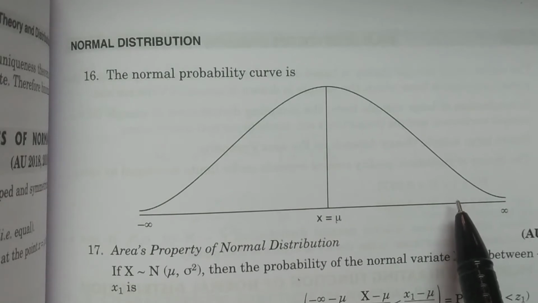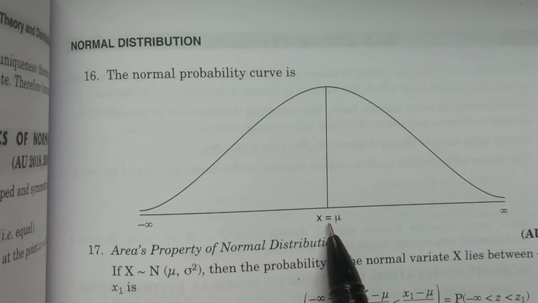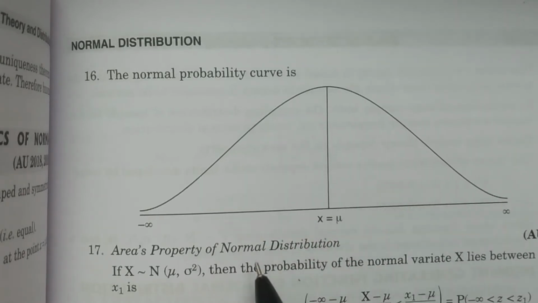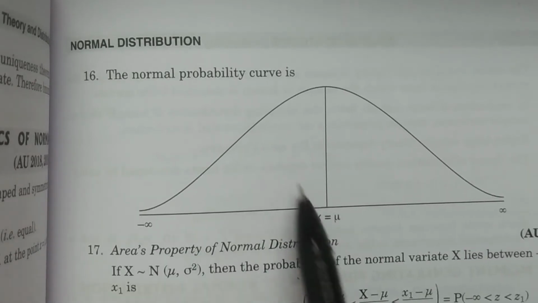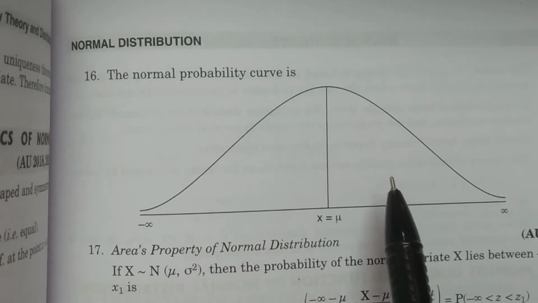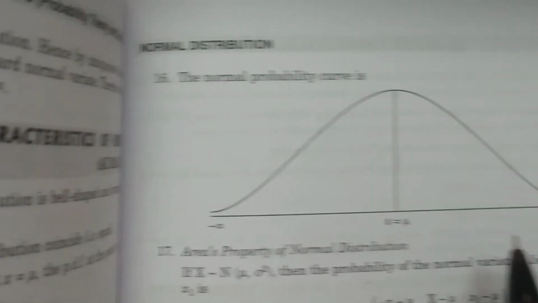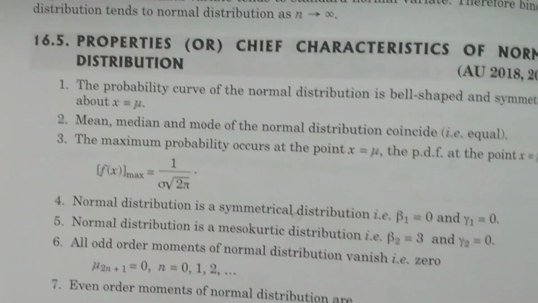That is called symmetry, where exactly one point divides the two parts equally, which is the property of the median. Minus infinity to mu, this part, and mu to infinity, this part, are equal. That is called the symmetrical property of normal distribution. Right? Now we can continue.